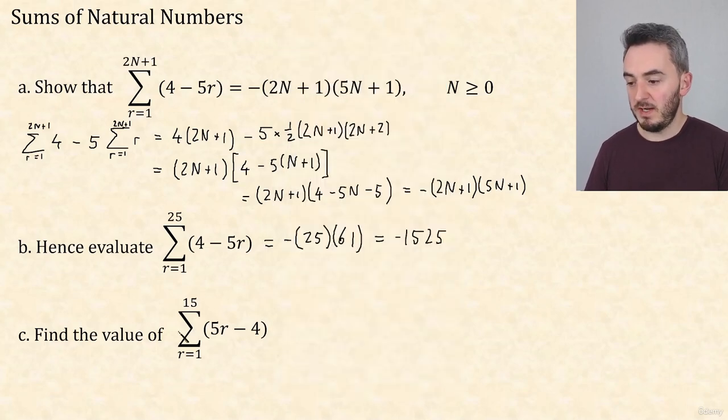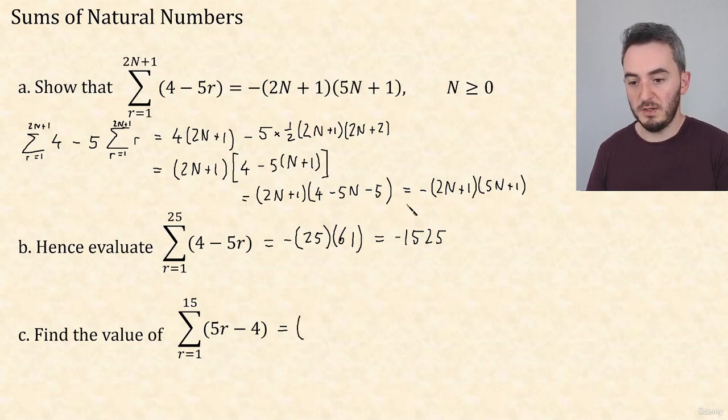Okay, this one now. So find the value of this. So what's the connection between this and what we had before? Well, 15 is equal to 2n plus 1 when n is 7. And we'll just notice that what we have here is the precise negative of what we had before. So all I need to do is use this formula that we proved earlier, multiply it by -1, so let's get rid of the negative on the outside, and sub in n equals 7.